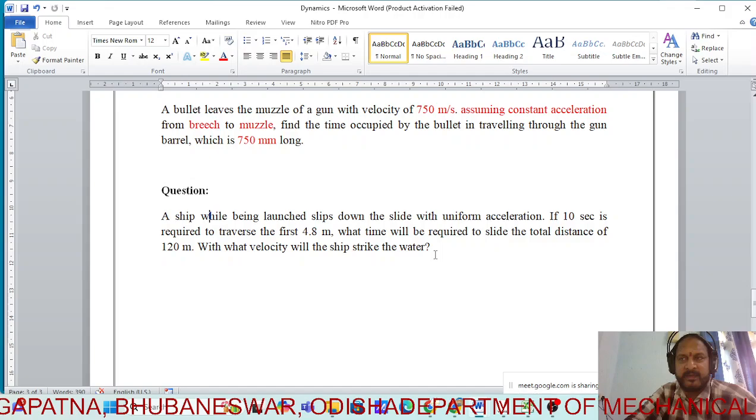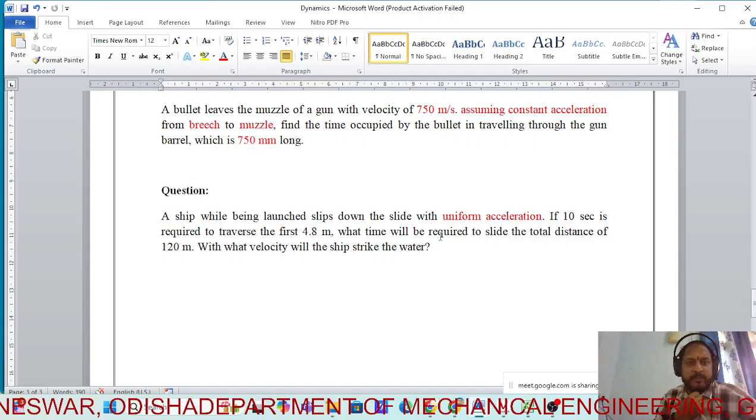So how much time is required to travel the first 4.8 meter? 10 seconds. After going 4.8 meter, it is not touching the water. So in the first case, in 10 seconds, the ship travels 4.8 meter.